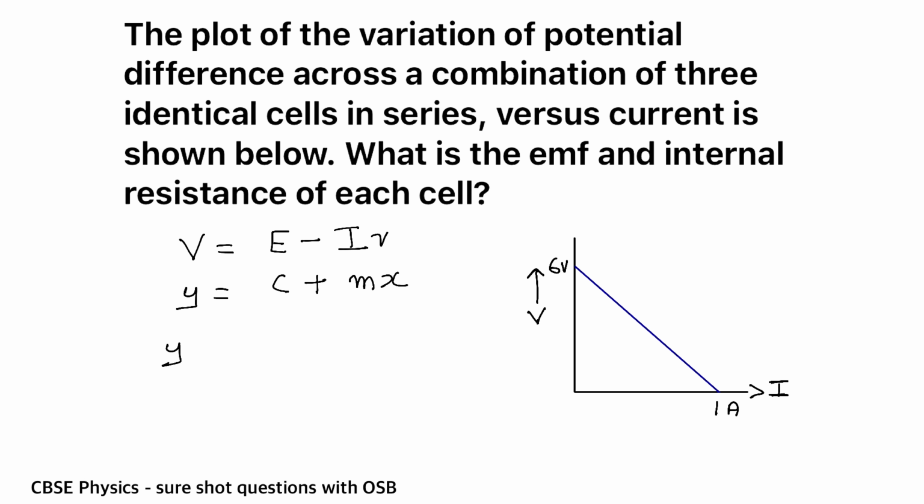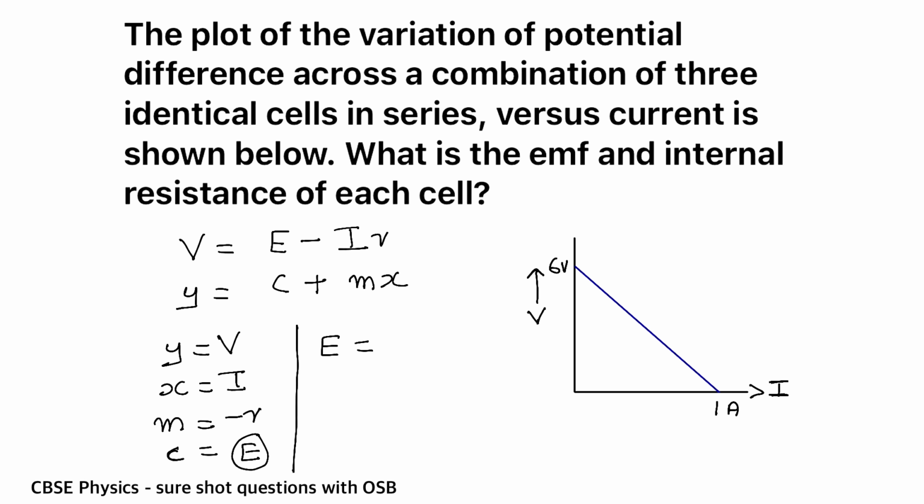On the y-axis you have voltage, on the x-axis you have current. What is the slope? The slope is minus r. And what is the y-intercept? That is c, it is E, right? Correct. So what is E? E is the y-intercept. Now check the graph. What is the y-intercept?